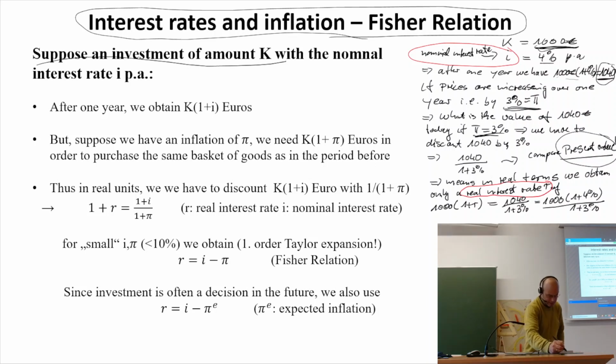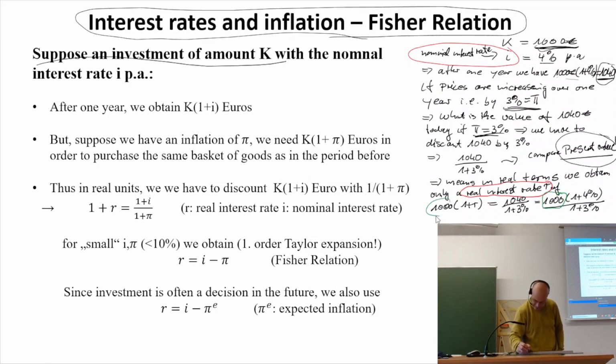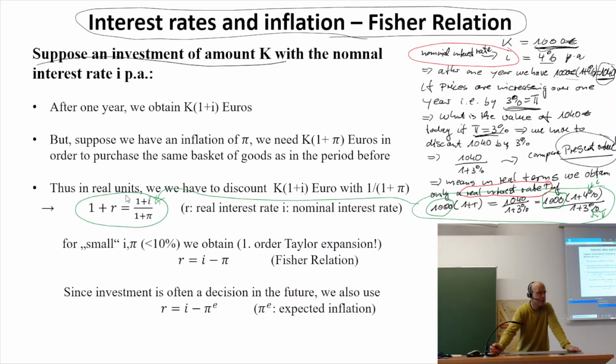And this means that the original amount of investment can be generally cancelled, and this is my nominal interest rate I, this is my inflation rate pi, and for this I obtain the general dependence between real interest rates, nominal interest rates and inflation.